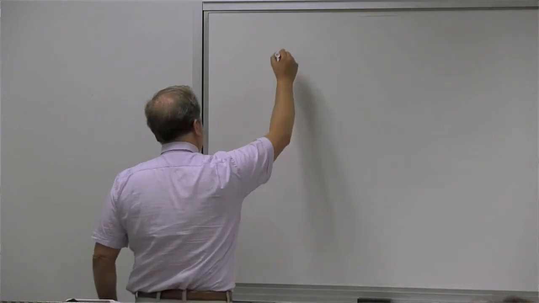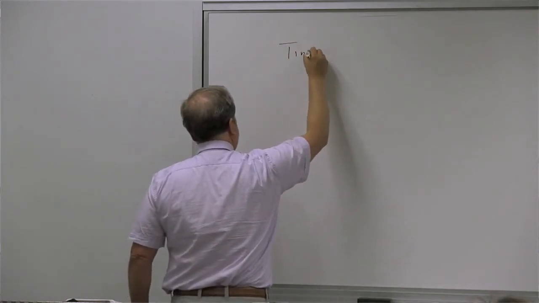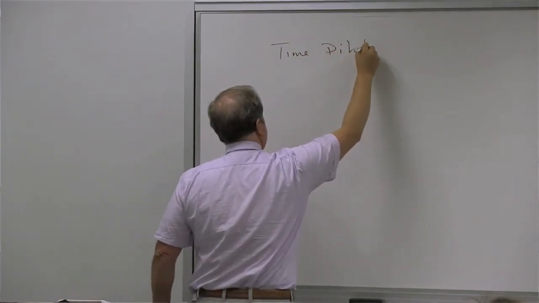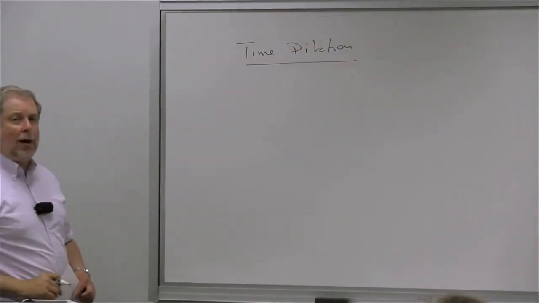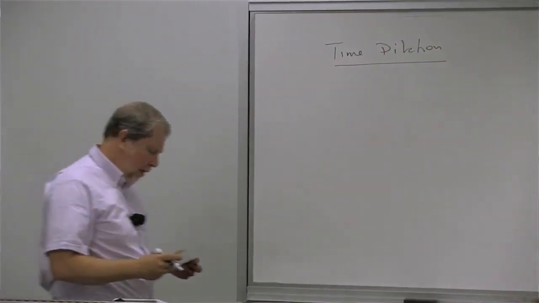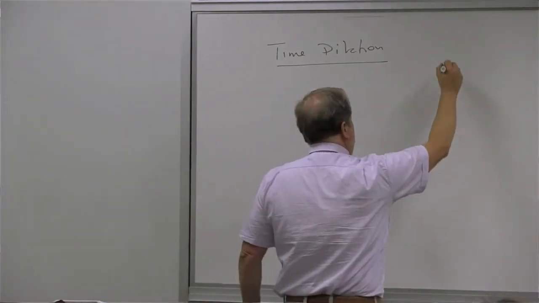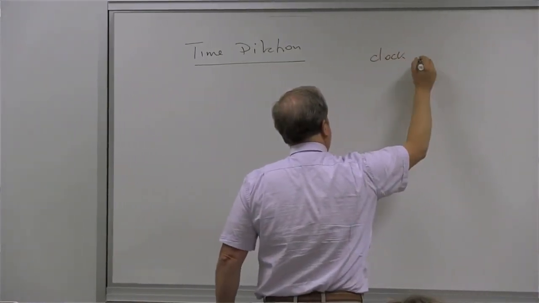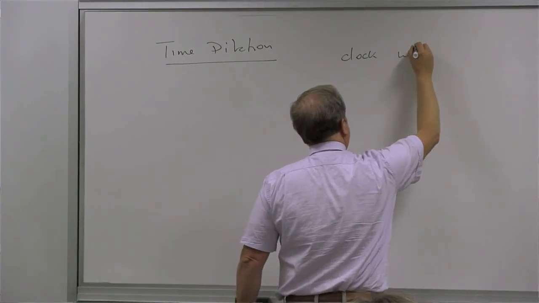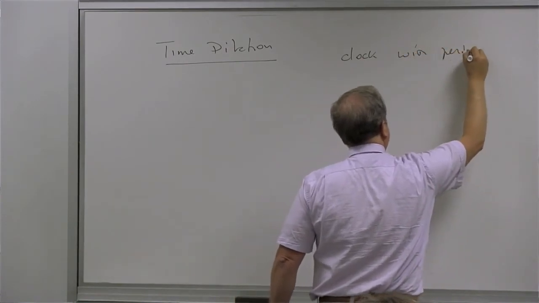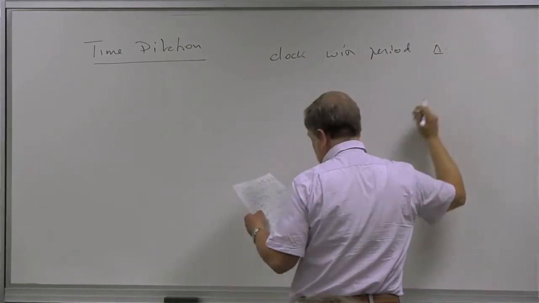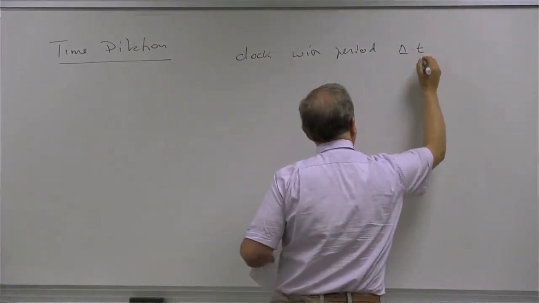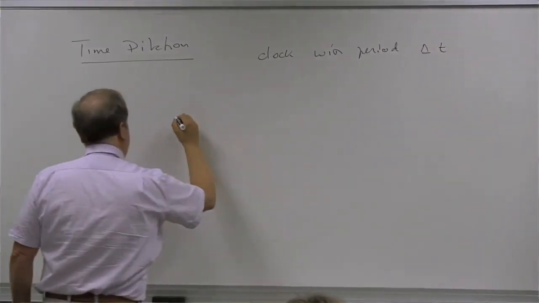So now we have about another 3 or 4 minutes, so let me briefly mention time dilation, the kind that arises because you have a gravitational field. We consider a clock with period delta t, some sort of perfect clock.